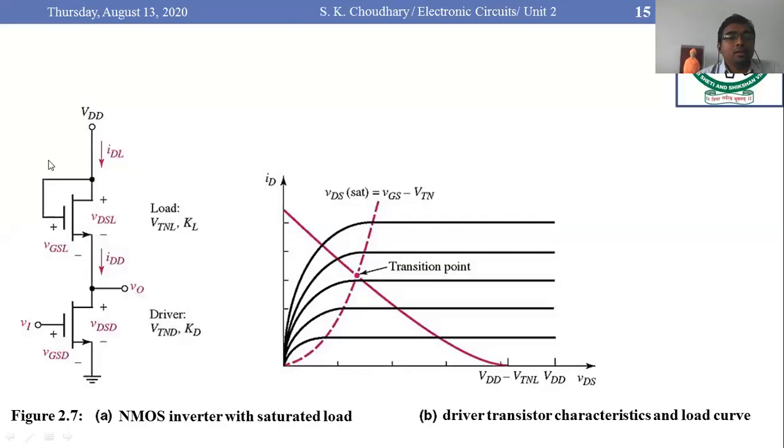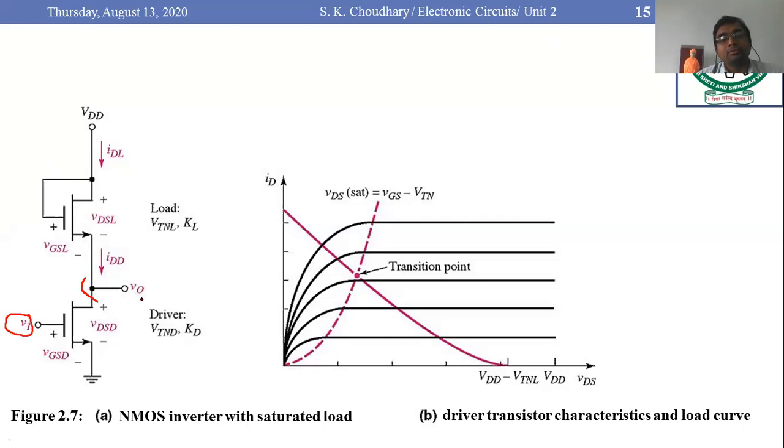Now see. In this case, the input voltage Vi is applied to the gate terminal of the driver, which is equivalent to VGSD, because there is no resistor in between. Then the output V0 is collected at the drain terminal of this driver circuit.